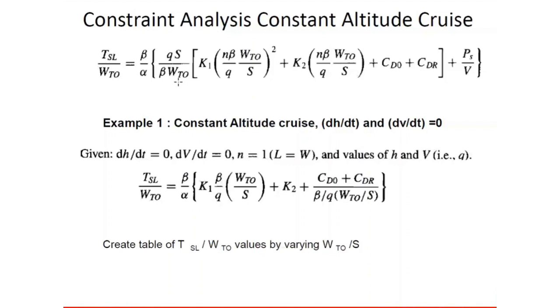So let's look at the first case, constant altitude cruise, meaning that altitude is not changing, it's cruising. dV by dt is 0, dH by dt is 0 because it's not changing.